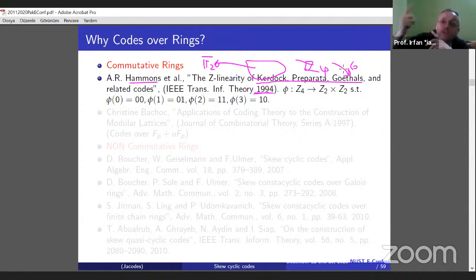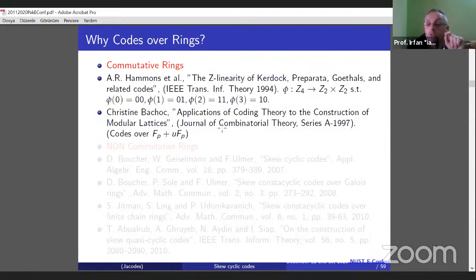So yes, you can still navigate between these two spaces and get some information about the non-structural property. So this is a very famous one, and things from this one become really interesting, and people started to work on codes over rings.